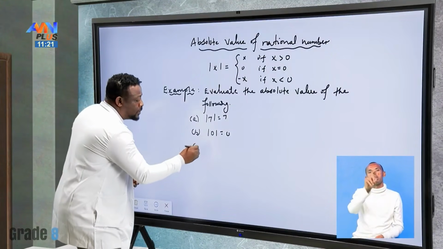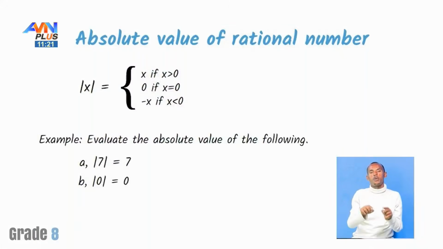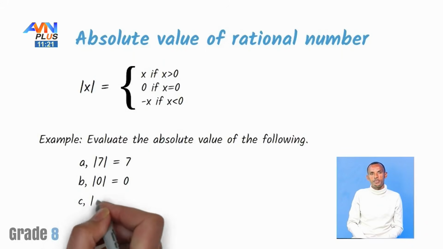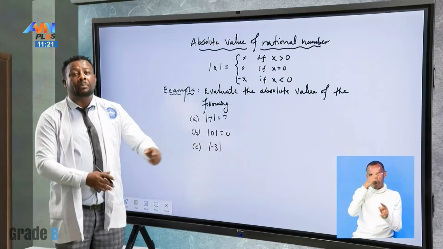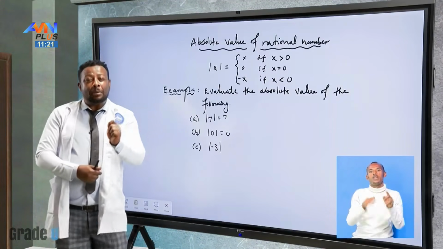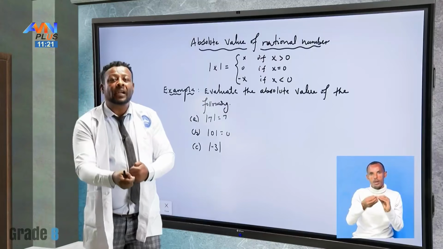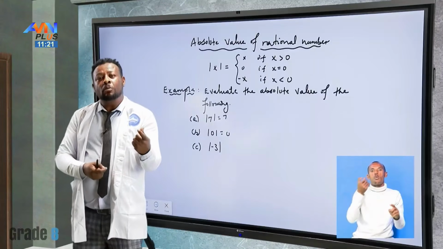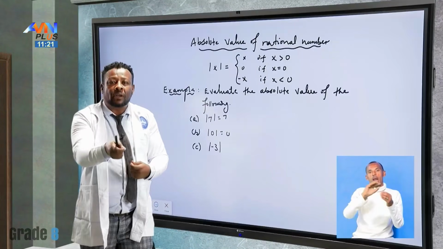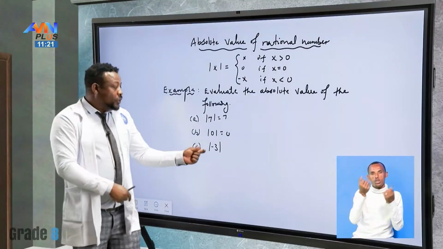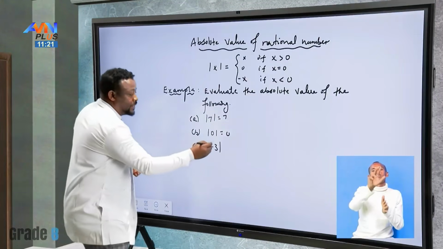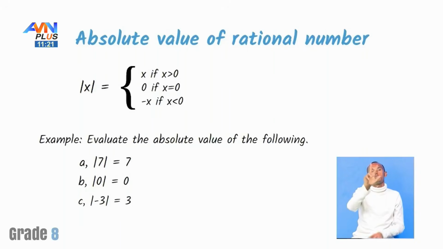There is no other possible value of x whose output is 0, right? Sometimes you may be asked to evaluate the absolute value of some negative number, right? The absolute value of a negative number is also positive because by definition, the absolute value of a number is the distance from 0 to that number on a real line without considering the direction. So the absolute value of -3 is positive 3, okay?